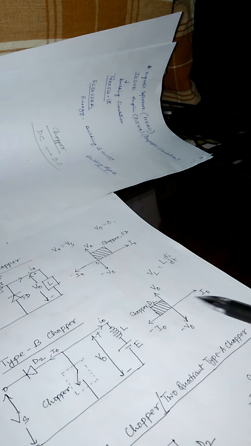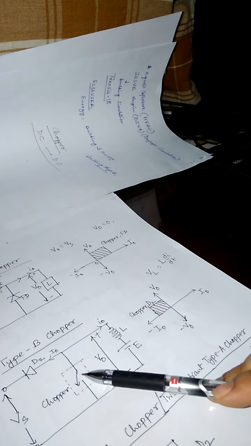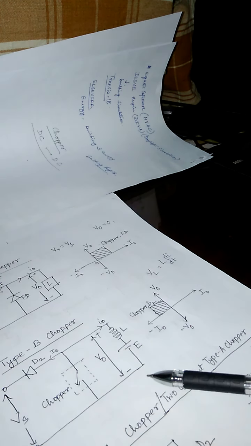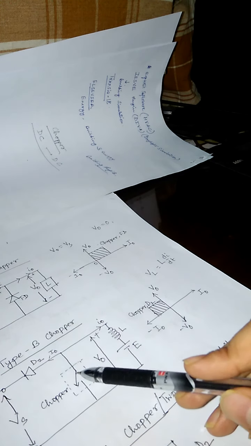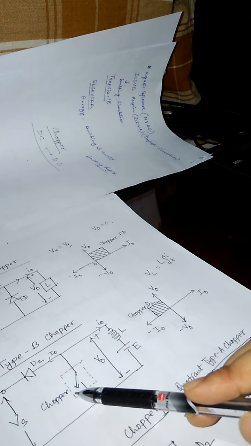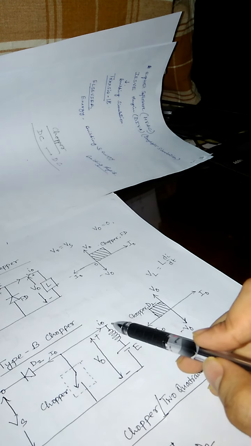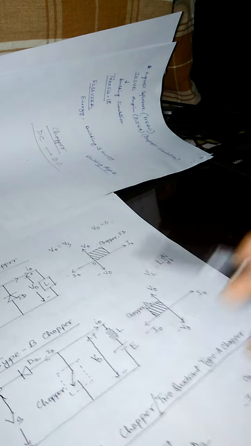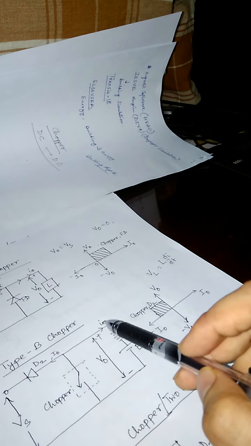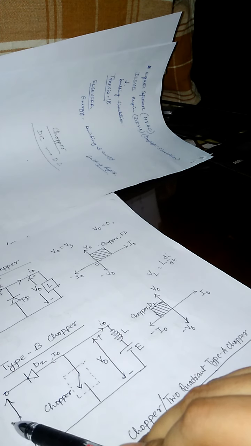Now when the chopper is in non-conducting mode, that means it is in off condition, what will happen? The current cannot go through this chopper, so the current now goes through the EMF source to the source side.